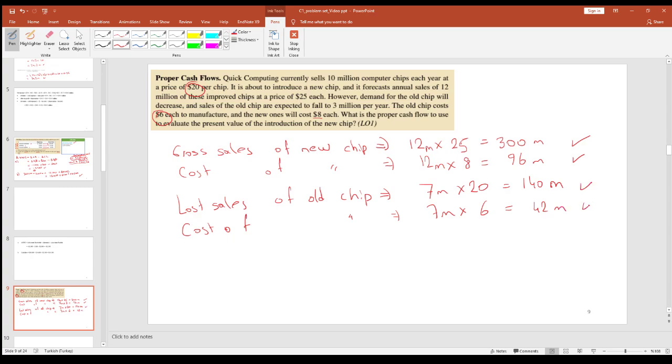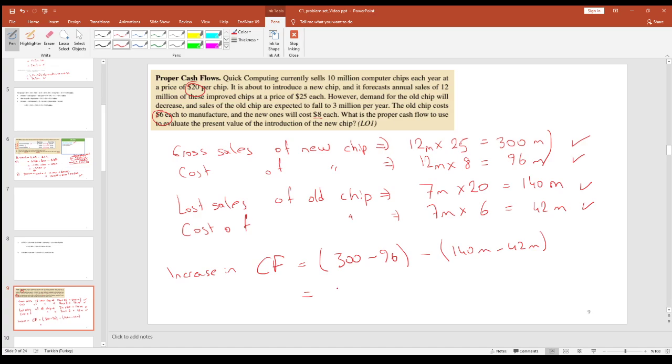In order to calculate the proper cash flow, I need to calculate this difference. So the increase in cash flow will be equal to 300 minus 96 million, minus what I lost here, 140 million, minus 42 million.